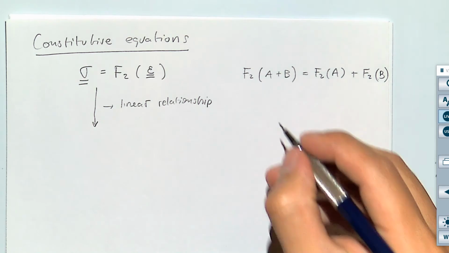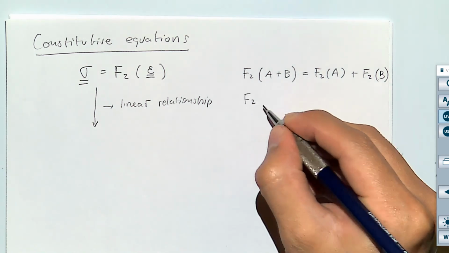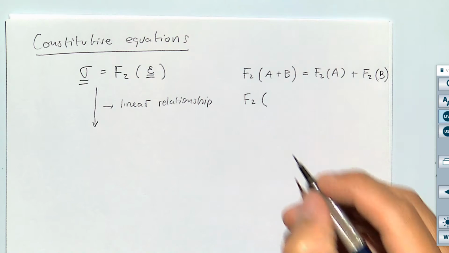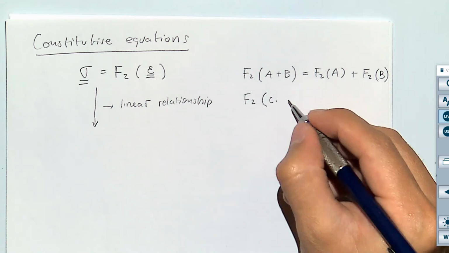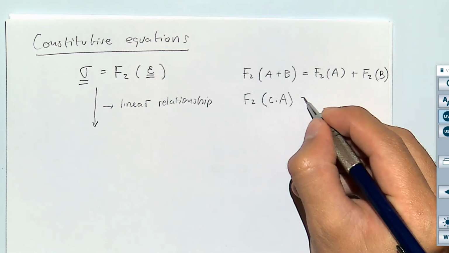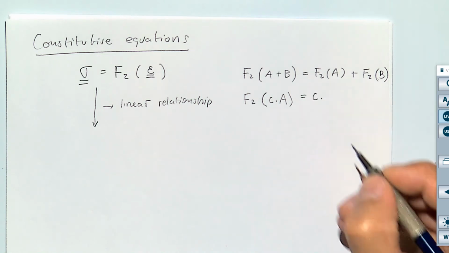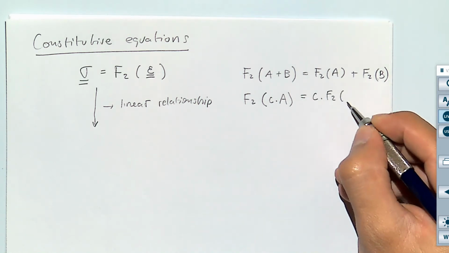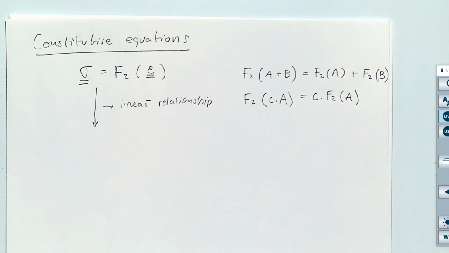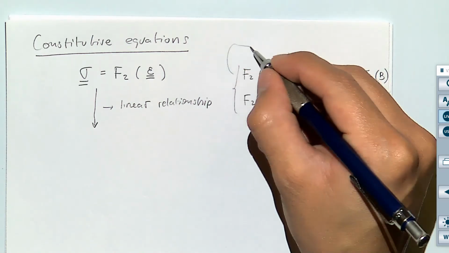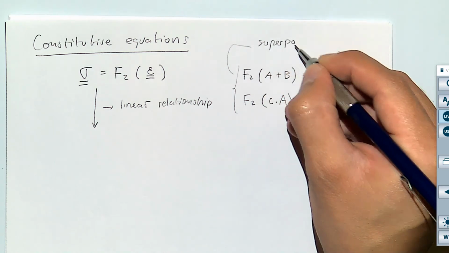Also, I can say that if I scale an action by an amount C, for example C times A, this is equal to scaling the response by C after I apply the action. These simple equations that look kind of trivial, but are not, are the basis of what is called a linear transformation, and allow us to use the superposition principle.